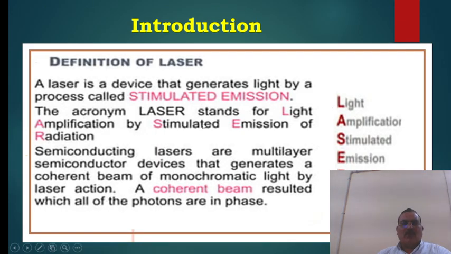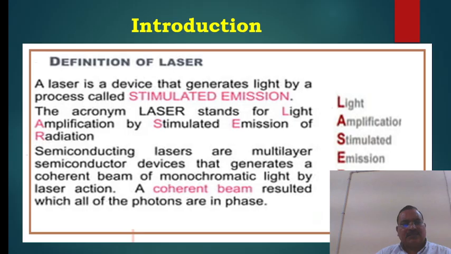So, what is the definition of laser? Laser is a device that generates light by a process called stimulated emission. That is, laser stands for light amplification by stimulated emission of radiation, right?